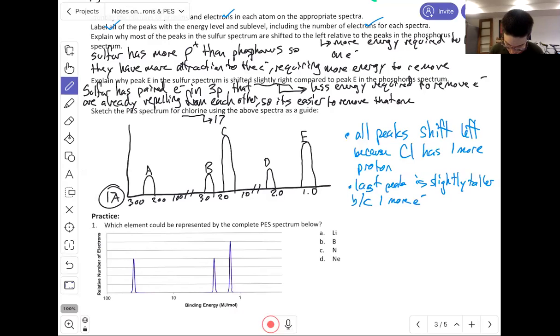So you know that this first peak always represents what energy level and what sublevel? 1s. It's always 1s. So that means that this is 1 electron, that's 2, that's 3. It kind of tells you that, right? So that's 1 electron, that's 2 electrons, that represents 3 electrons. So that's 1s2.